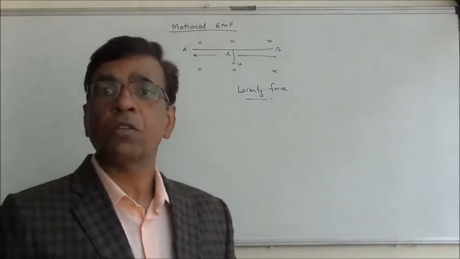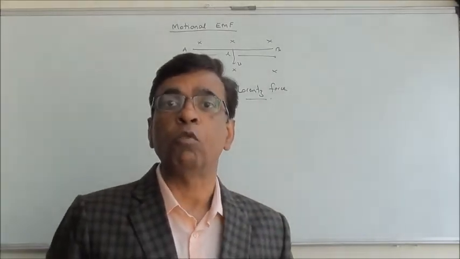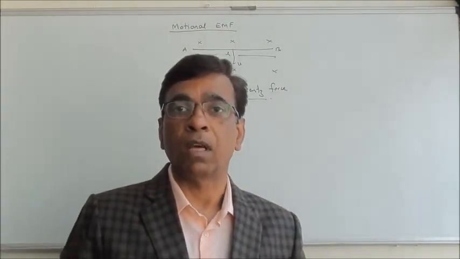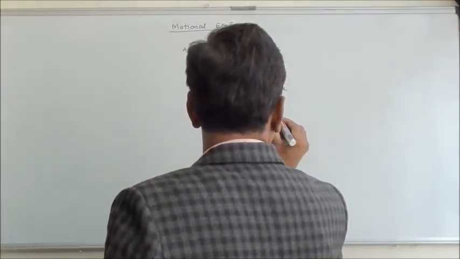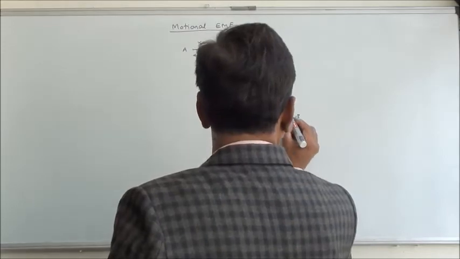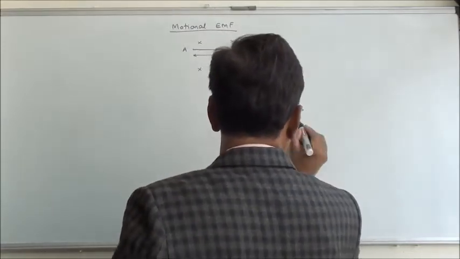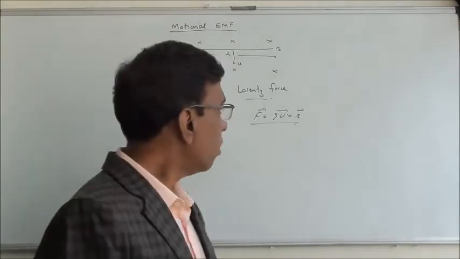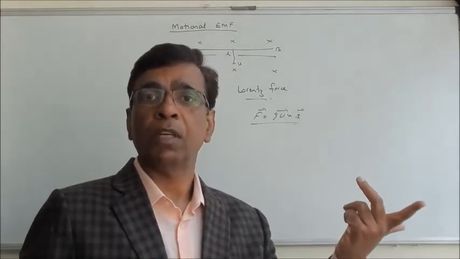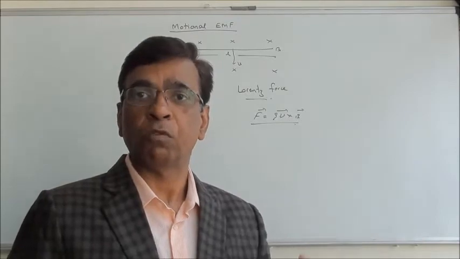A force acts on the electrons because they are moving in a magnetic field, the direction of which can be found using this expression, or we can find it by using Fleming's left hand rule if it is moving perpendicularly.